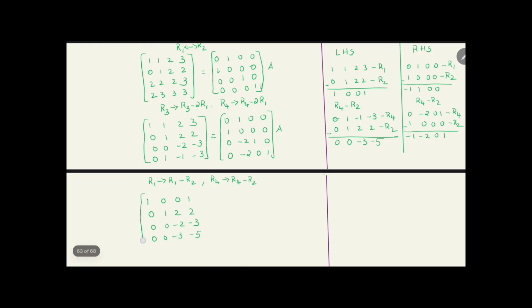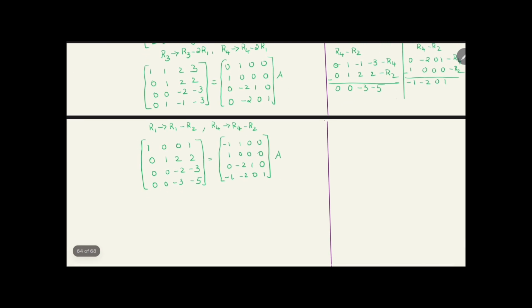Is that clear, students? Is equal to, now what are the new elements for the right hand side matrix? The first row is minus 1, 1, 0, 0. The second row remains the same, and also the third row remains the same, and the fourth row is minus 1, minus 2, 0, and 1. This is into A.